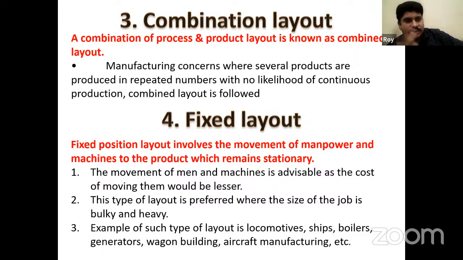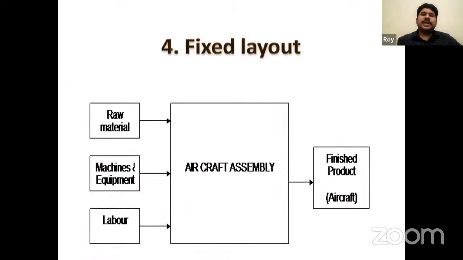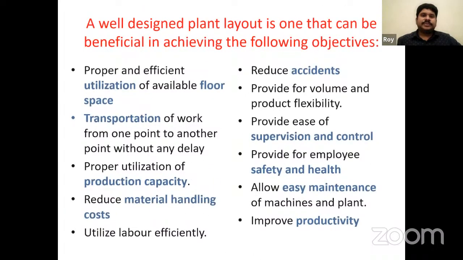Even aeroplanes and helicopters are huge products. For example, locomotives, ships, boilers, generators, wagons, and big buildings. Aircraft manufacturing comes under the fixed layout. Okay, this is aircraft assembly.